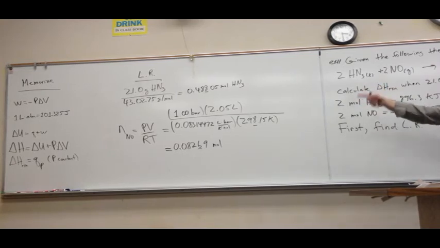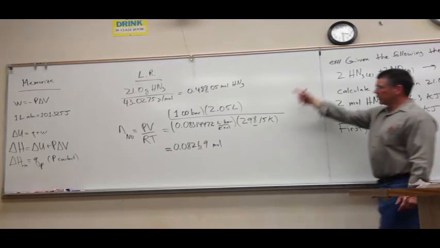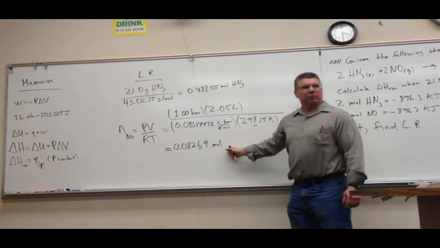So that means whichever one of these numbers is the smallest, that's going to be the limiting reactant. You guys buy that? Which means that the nitric oxide is the limiting reactant.